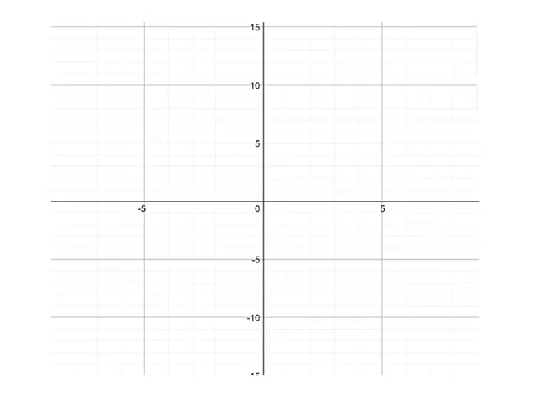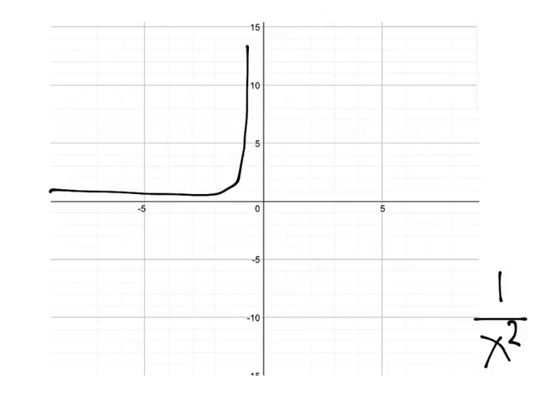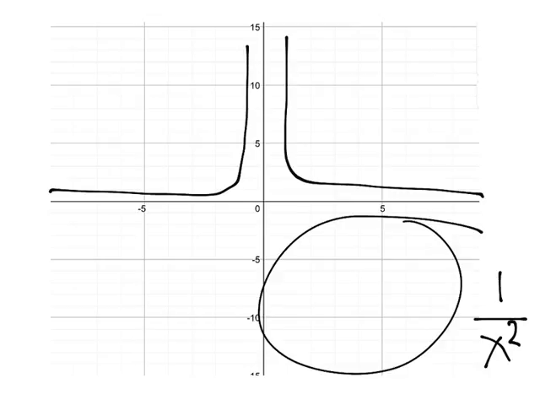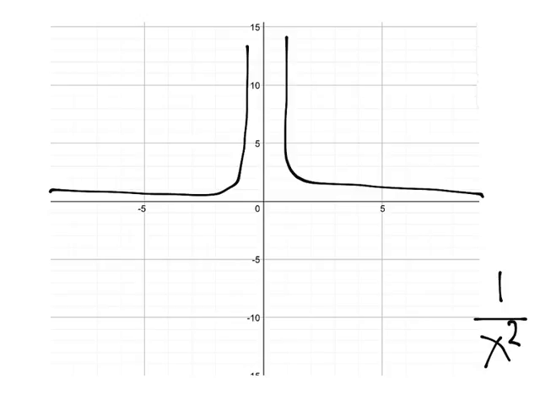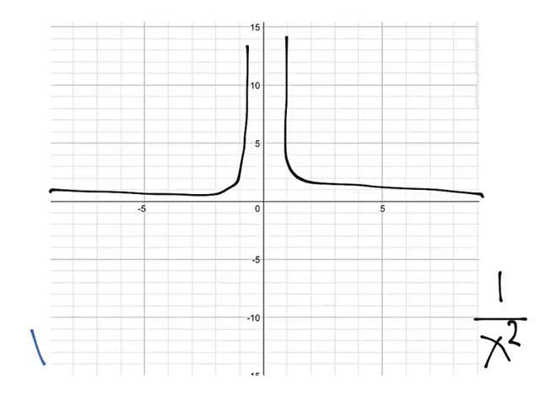The next one is similar to the last one, but it is 1 divided by x squared. The only difference is we have the same graph here, but instead of having it down here, we have it up. As with the last one, I recommend drawing the new limits if the graphic changes.